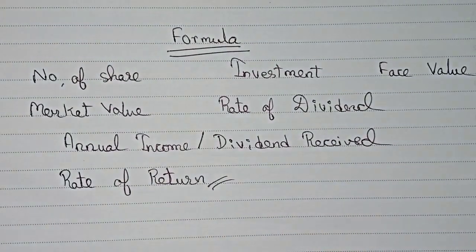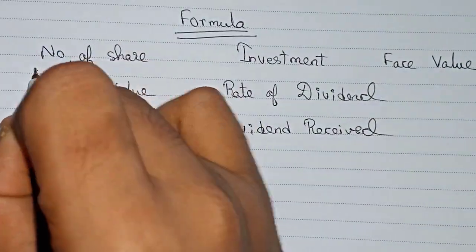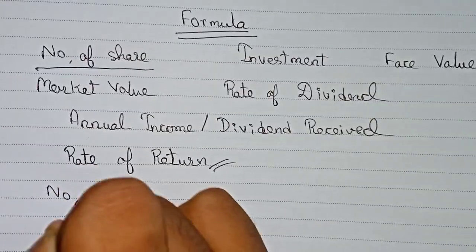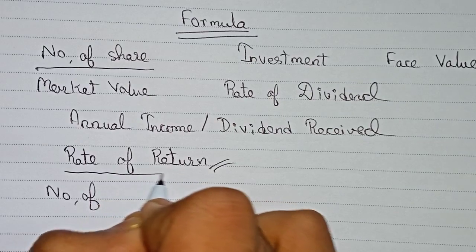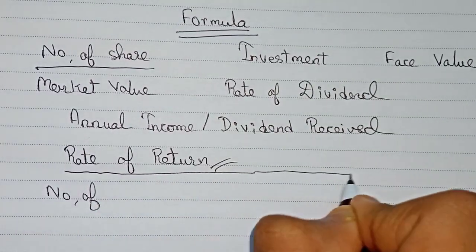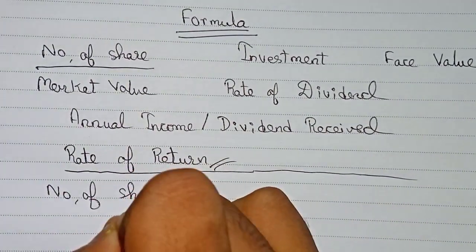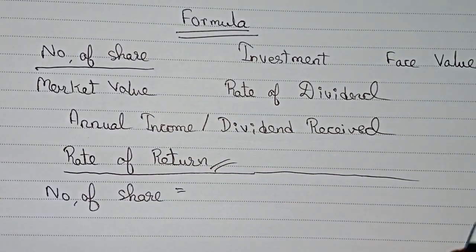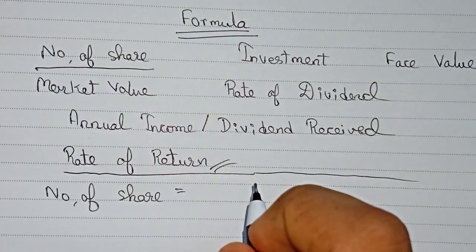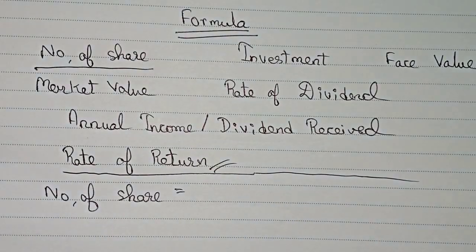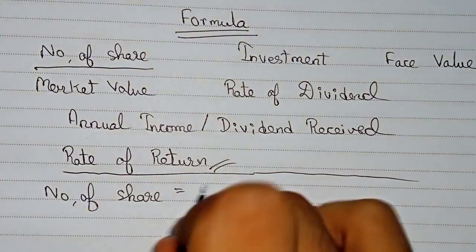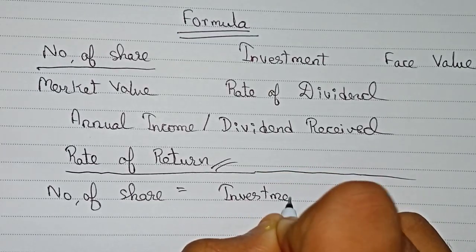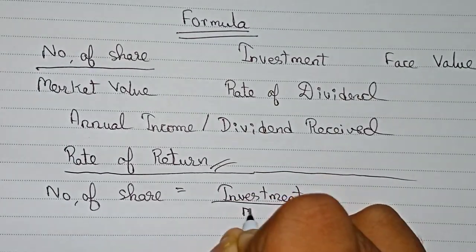So first, the formula for number of share. As I've discussed earlier, a share is always purchased at the market value. So the number of share formula is investment by market value.